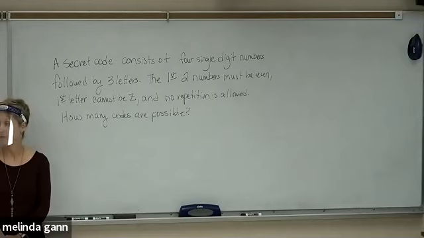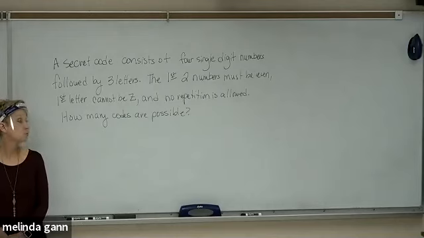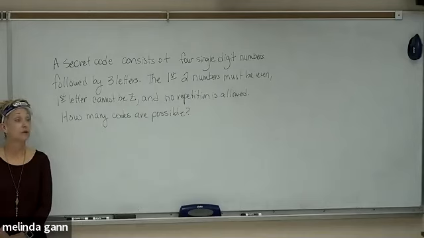How many codes are possible? Now, does order matter when you're making a code? What do you think? A secret code? Yeah, but if you don't know the test, what can you do? You come ask.